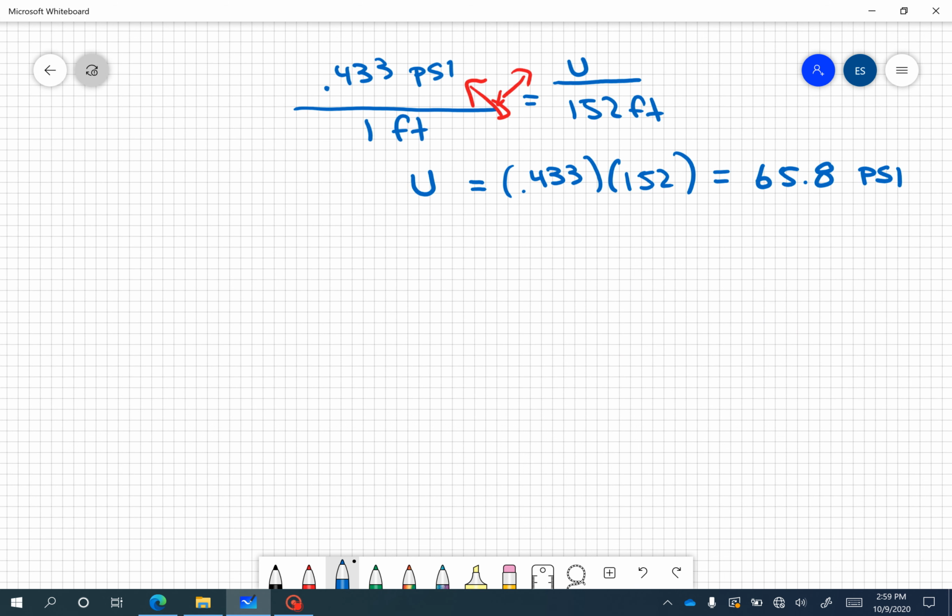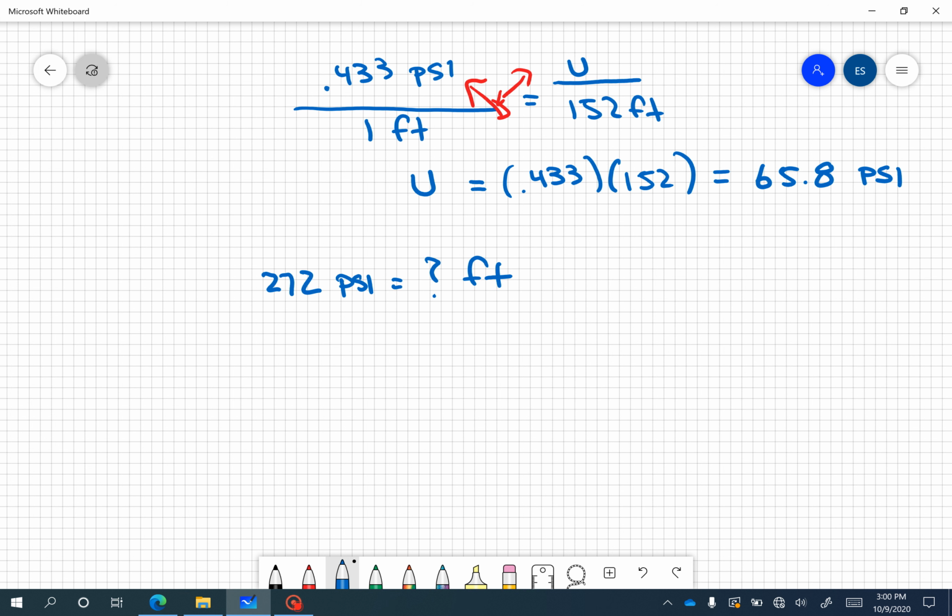Problem number 2 is done the same way, except this time you're given pressure and you have to convert it to feet. So let's say in problem number 2 we're given, I don't want to solve the actual problem for you, let's say 272 PSI equals how many feet?